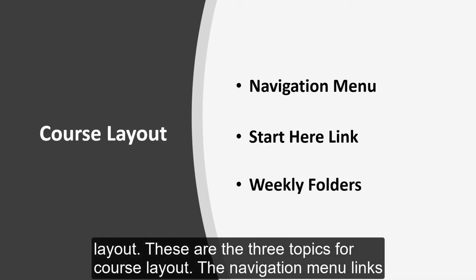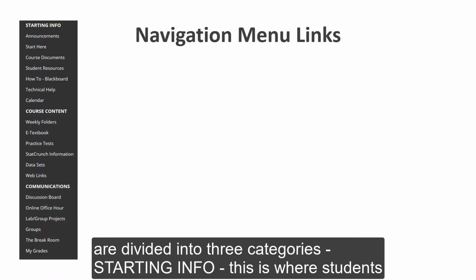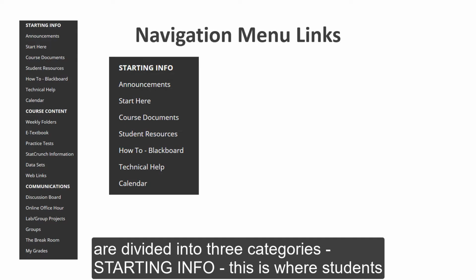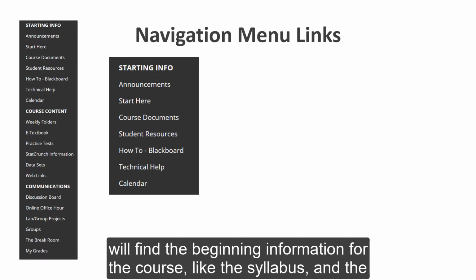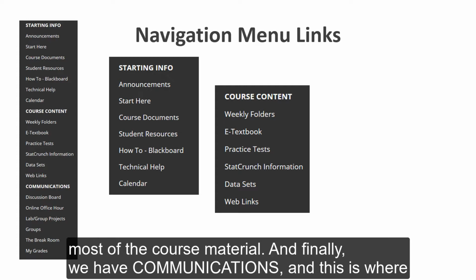These are the three topics for course layout. The navigation menu links are divided into three categories. Starting info, this is where students will find the beginning information for the course, like the syllabus and the textbook. Next is the course content. This contains the links to most of the course material.